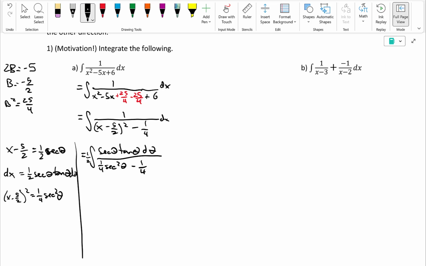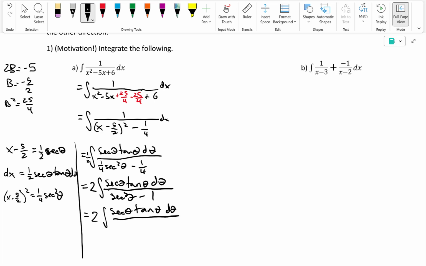If I factor out the 1/4 in the denominator, I've got a 1 half divided by 1/4, which would give me a 2, right? 1 half times 4. And then I've got a secant theta, tan theta, d theta in my numerator still, over my secant squared theta minus 1, which again, the reason for the trig sub is to get that down to that single term. So our secant squared theta minus 1, we can rewrite it as tan squared theta.